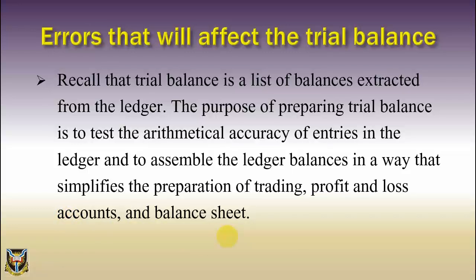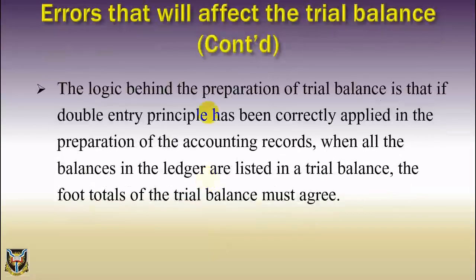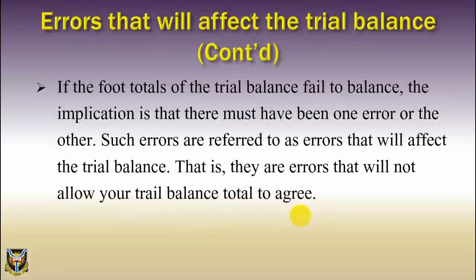The logic behind the preparation of trial balance is that if double entry principle has been correctly applied in the preparation of the accounting records, when all the balances in the ledger are listed, the full totals of the trial balance must agree. Expect this to happen because the same amount debited in one account in the ledger has been credited in another account.